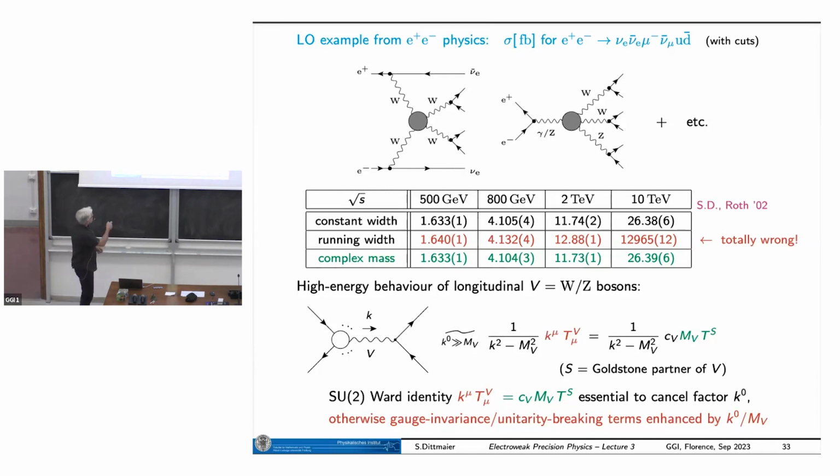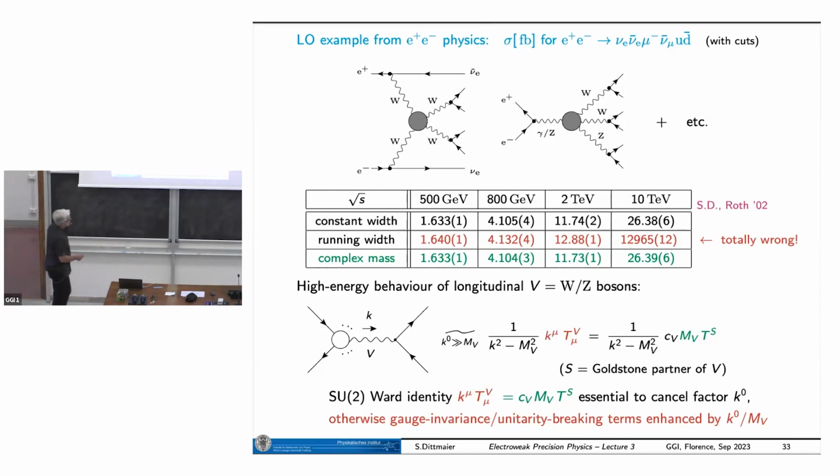And in order to produce a reasonable amplitude in the high energy behavior, this k mu, which is contracted with the rest of the diagram by this propagator here, a cancellation must happen. And this cancellation is ruled by a Ward identity, which is just written down here. That means the momentum-contracted partial amplitude for this production process must be something like a mass times the corresponding partial amplitude for the pseudoscalar, would-be Goldstone boson.